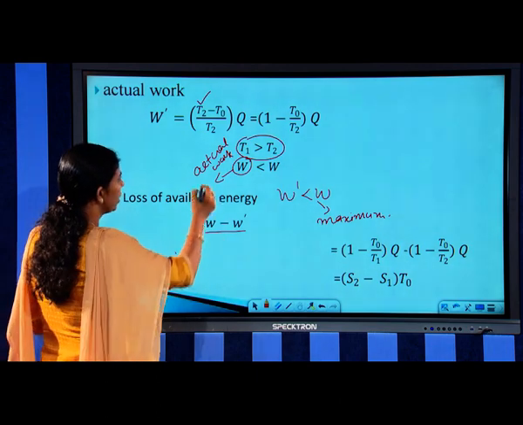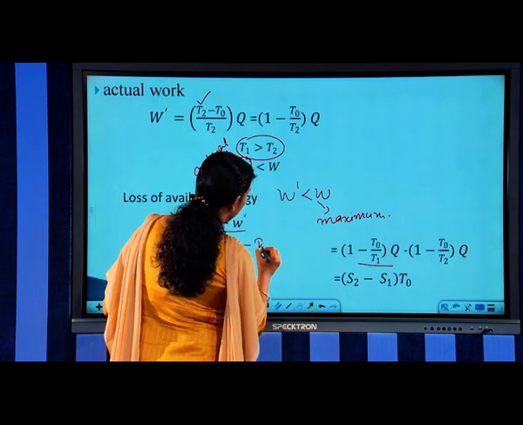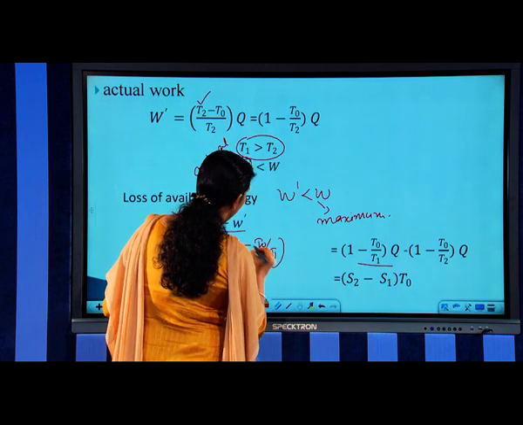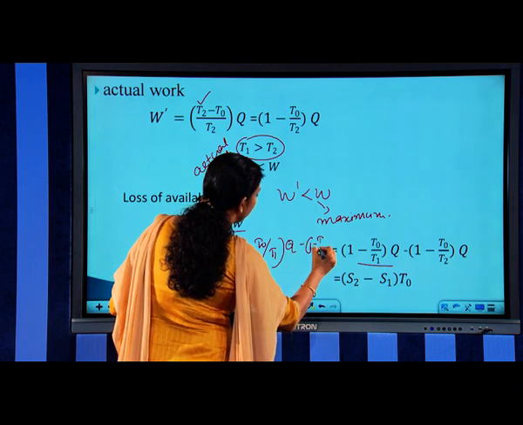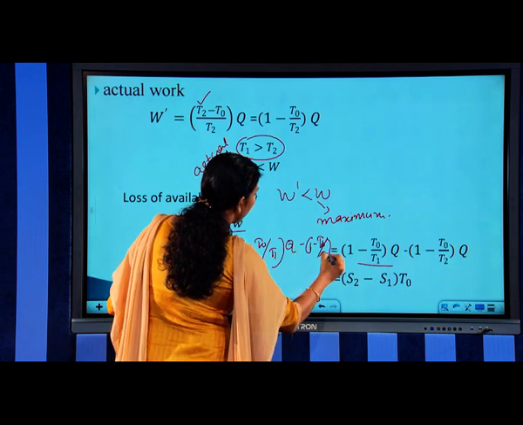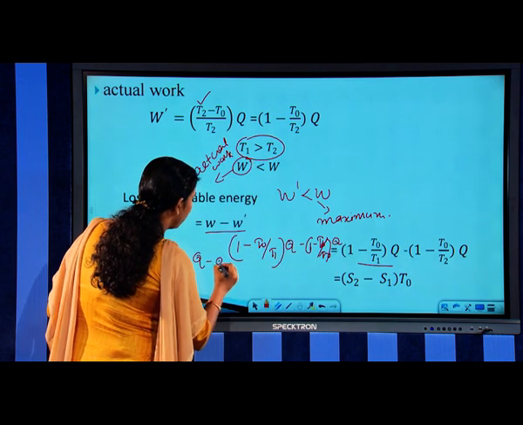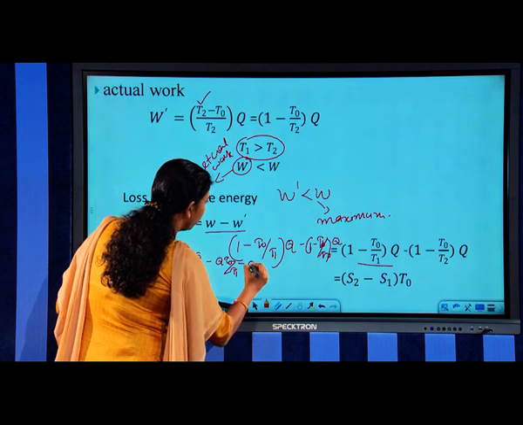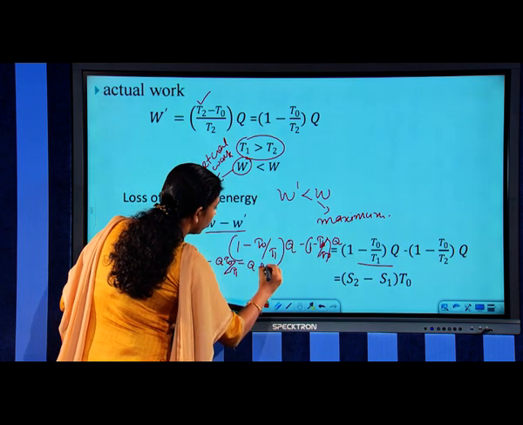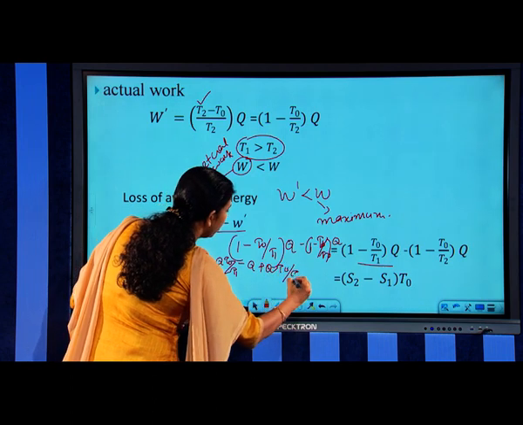W minus W dash, substituting in this equation, is 1 minus T0 by T1 into Q minus 1 minus T0 by T2 into Q. Then Q minus Q T0 by T1 minus Q plus Q T0 by T2.